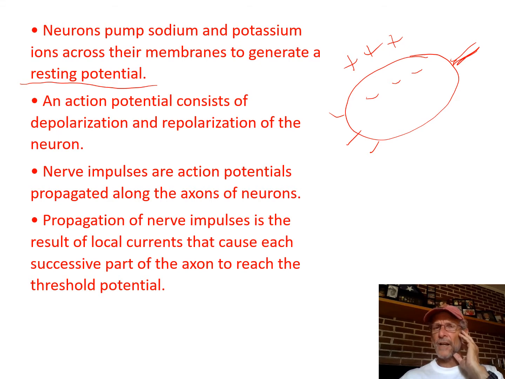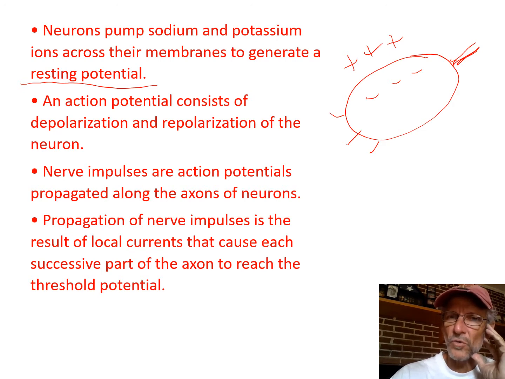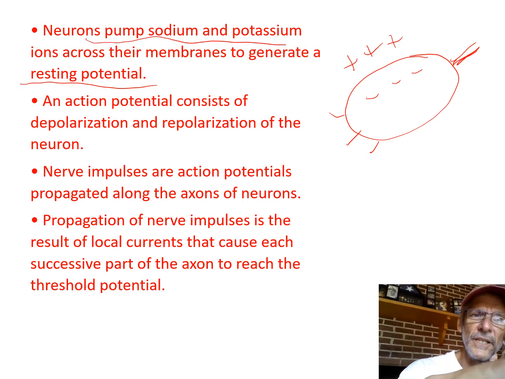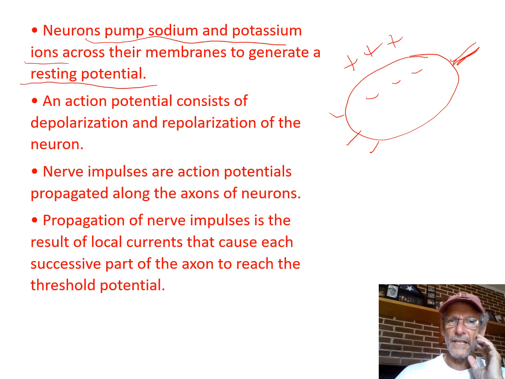How does that get maintained? Because we have a gradient of charged particles, how come they don't diffuse in and out and destroy that gradient? This is the sodium-potassium pump doing this. It's keeping this gradient of more positive outside than inside, okay?